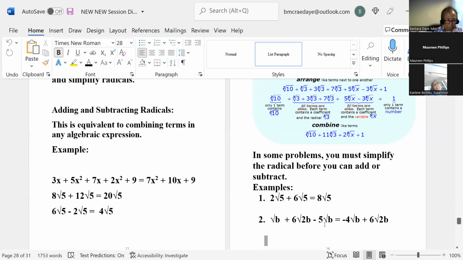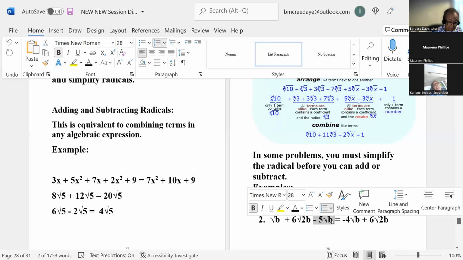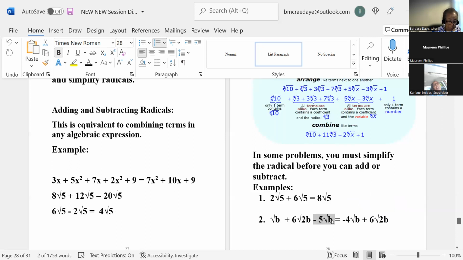So what's a minus 5 square root of B and a square root of B? Let me just put that here, because those have the same square root of B, right? So let me just put that there. And I have plus, and there's the square root of B, right?